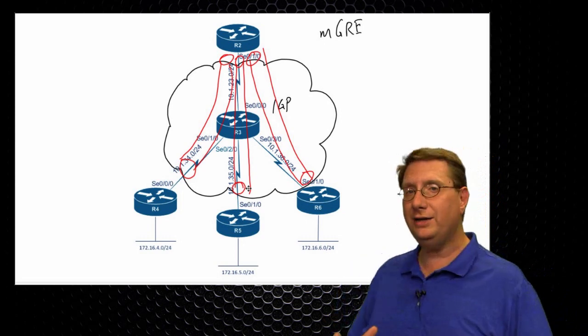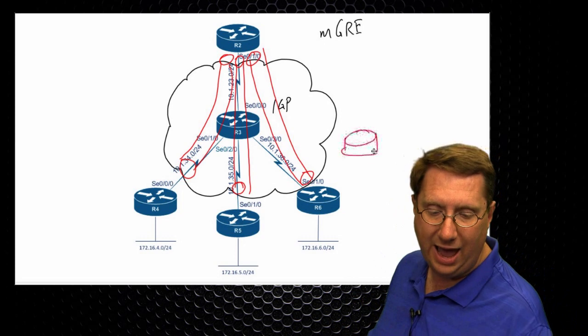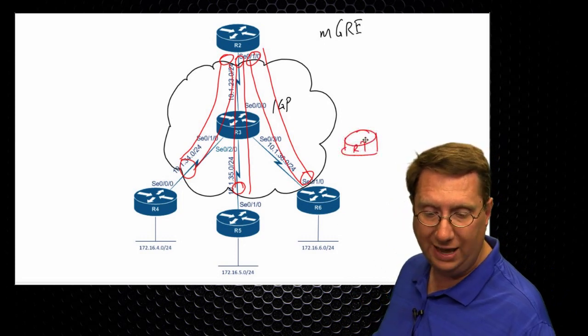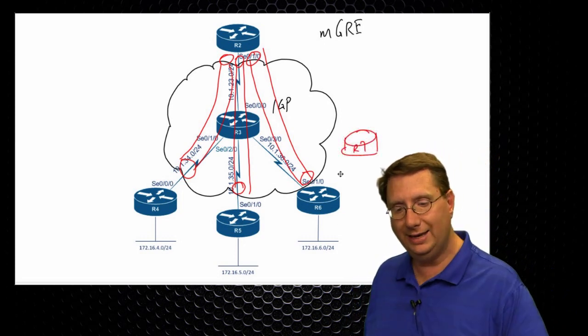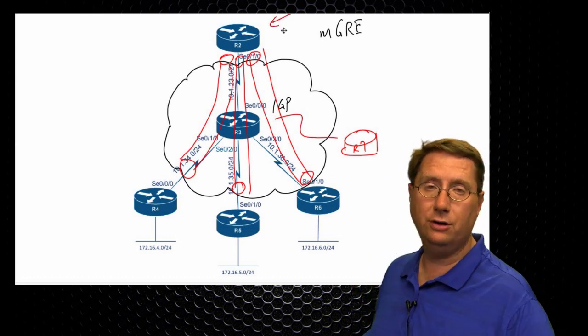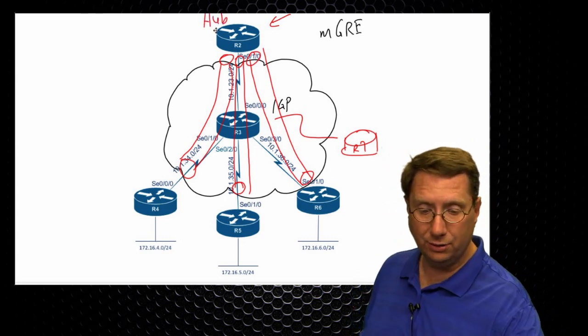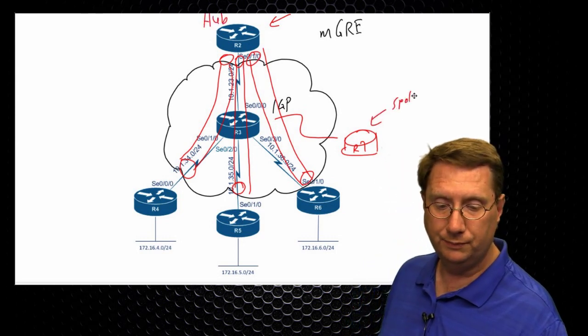Now, the issue is if I use a series of point-to-point tunnels and I were to add, say, a fourth router, say R7 in this scenario, and connect it to this cloud, I would have to do configuration both here at the hub and here at this new spoke.